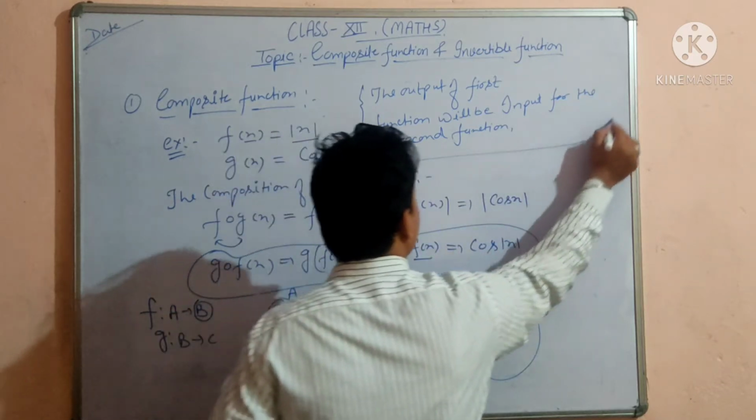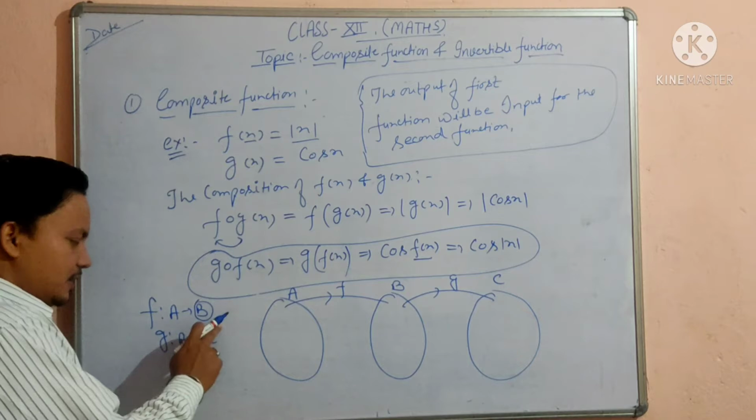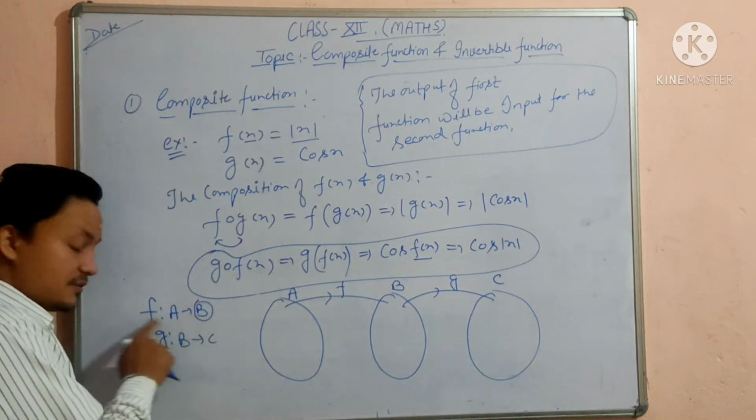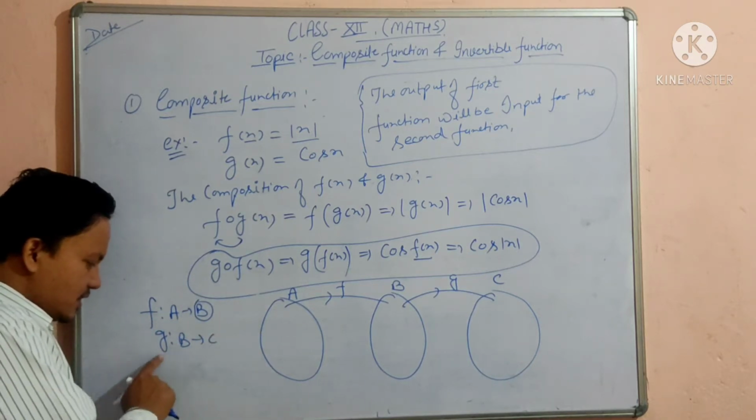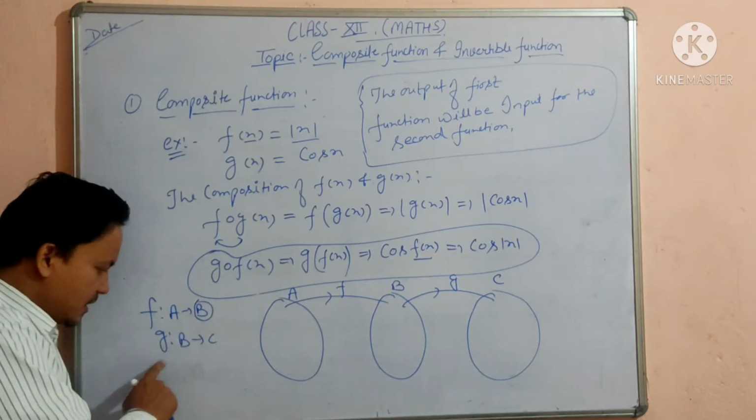This thing you have to keep in your mind. Now see here, f from A to B, B will be the codomain for the function f. Now see, for g, B will be the domain. So the output of the first function f became the input for g.